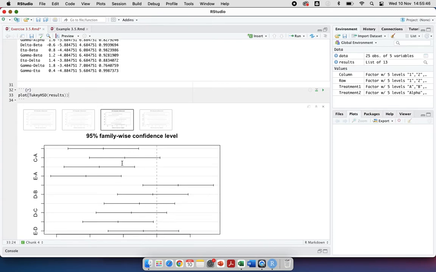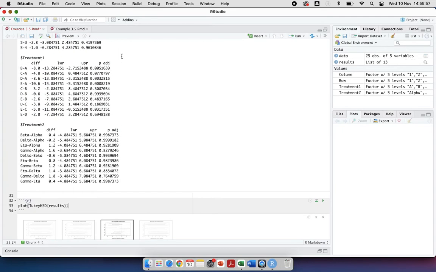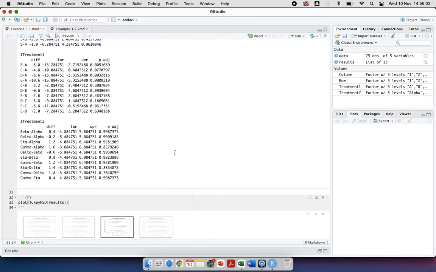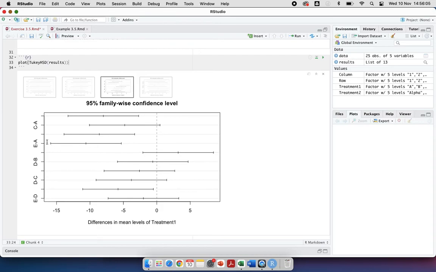Kalau kita tengok, the most significant kat sini, macam ni EC mungkin. Saya tengok p-value mana yang paling kecil sekali. EA, 0.0008. This one is the most significant.